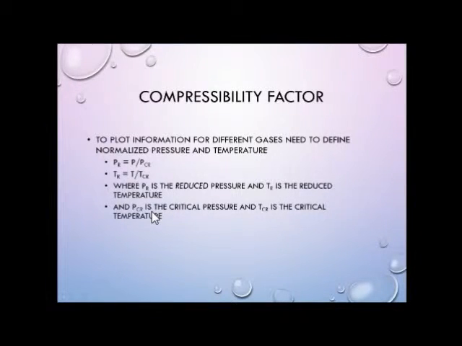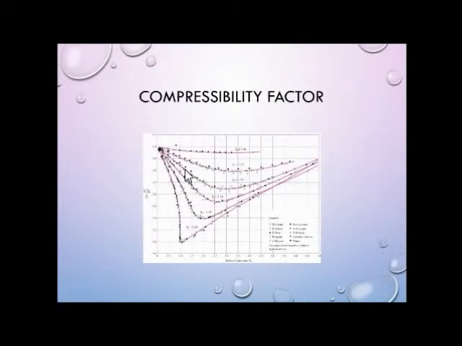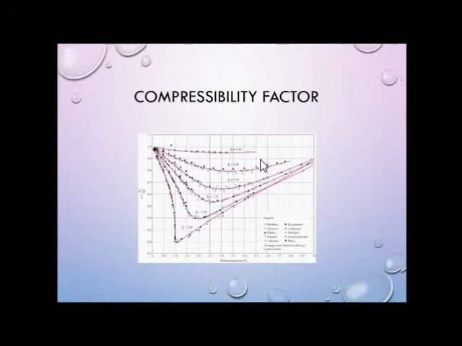So the ratio of the total pressure to the critical pressure, or the total temperature to the critical temperature, gives the reduced pressure and the reduced temperature. And this is very important for the calculation of these compressibility factors. You can see this in the diagram. This is the compressibility factor, and the ideal gas region lies after the superheated region is reached.